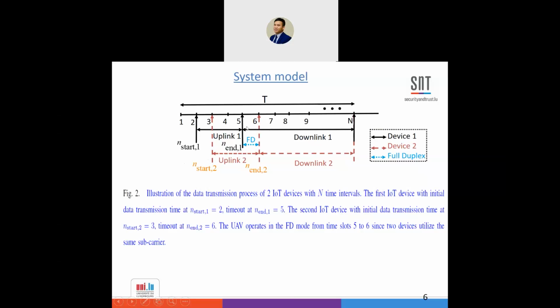During time slots 5 to 6, full duplex can happen because the UAV concurrently collects data from ground user 2 and at the same time transmits data of ground user 1 to the ground gateway. So full duplex mode can happen here between time slot 5 and time slot 6.